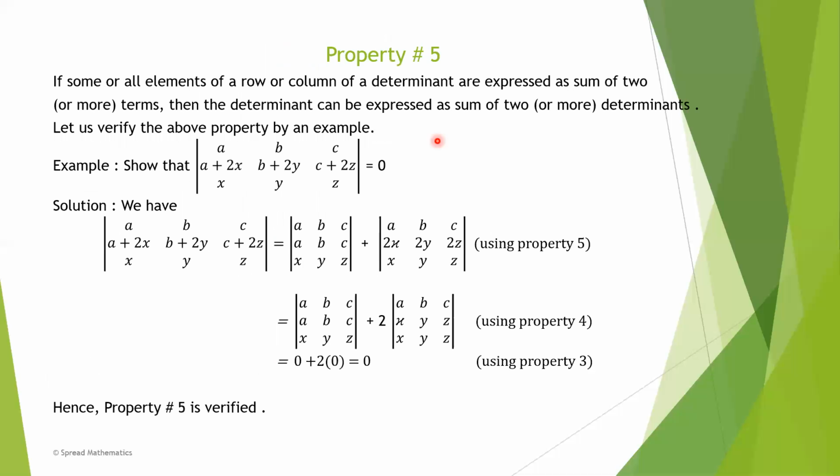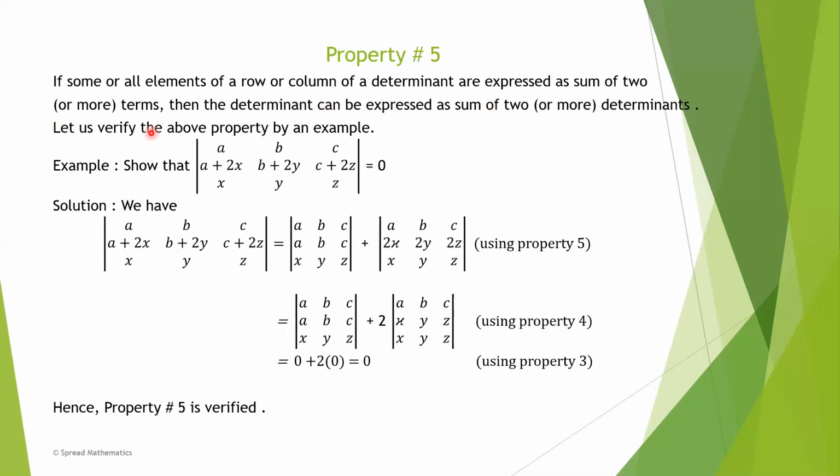Now property number 5. If some or all elements of a row or column of a determinant are expressed as the sum of two or more terms, then the determinant can be expressed as the sum of two or more determinants.